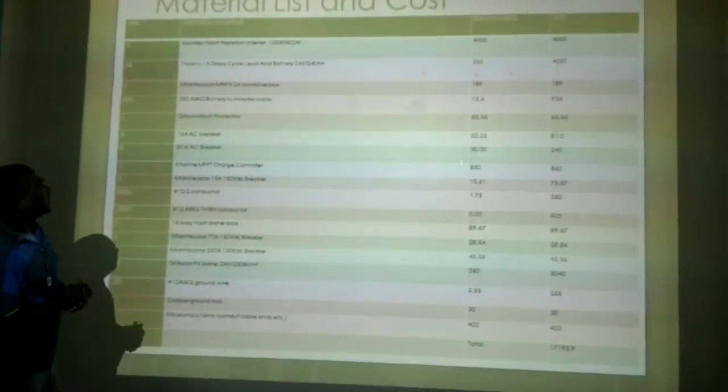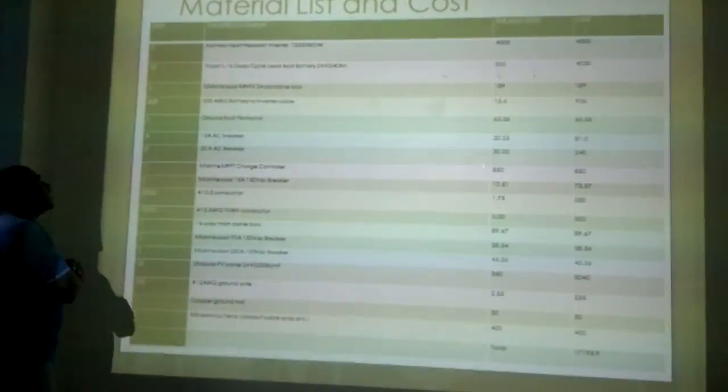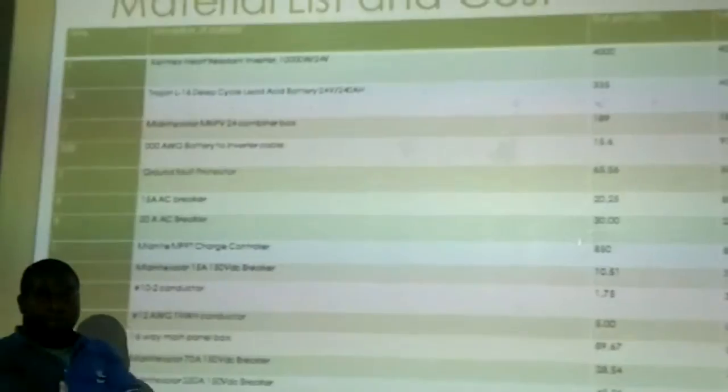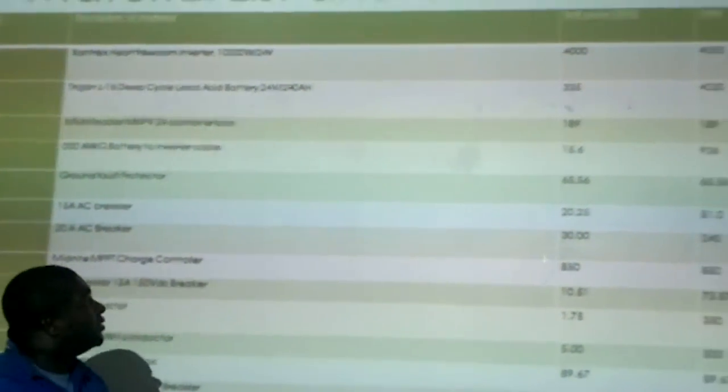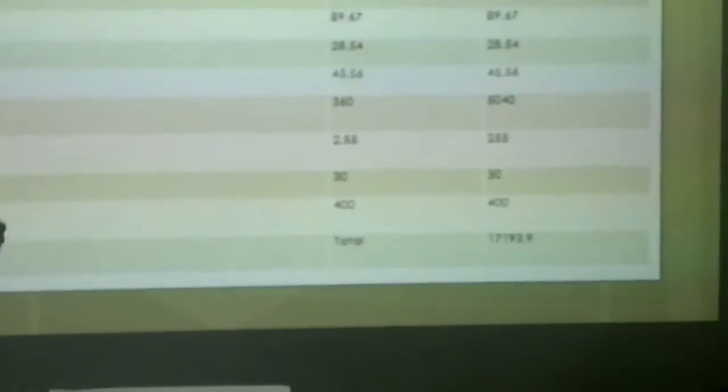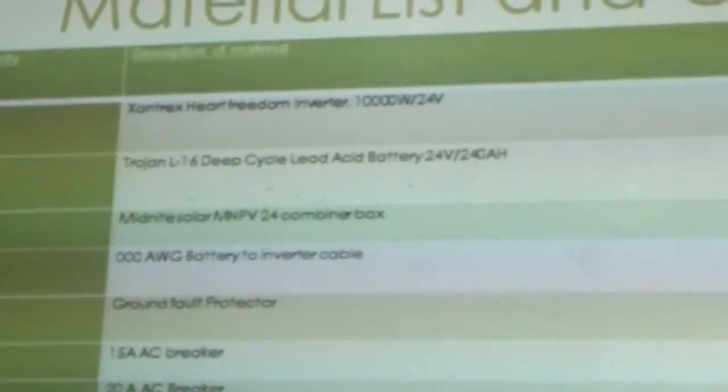And we move on. So now we look at our material list and costs. As you know, with all this system put into place, we need to observe our material list and total costs needed. We look at some of our main equipment used in the system, which is the Xantrex Freedom inverter, 10,000 watt, 24 volt. It costs $4,000. All these prices are quoted in US dollars.